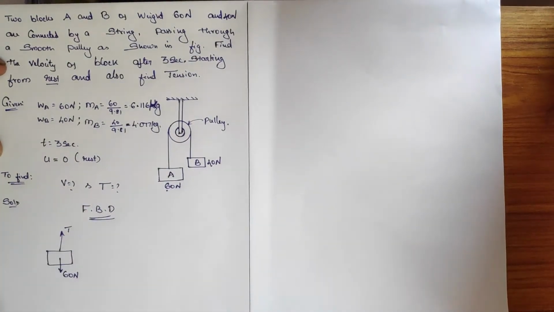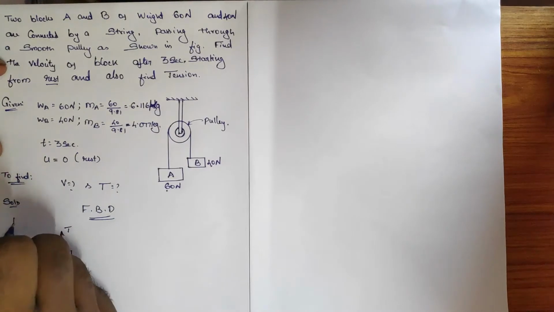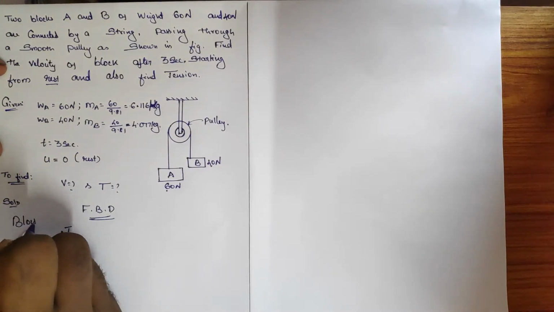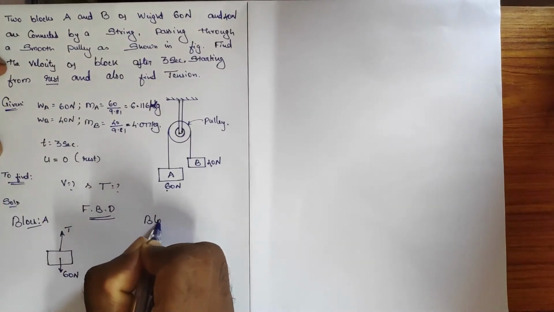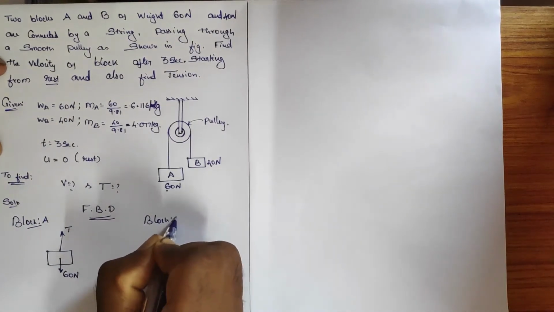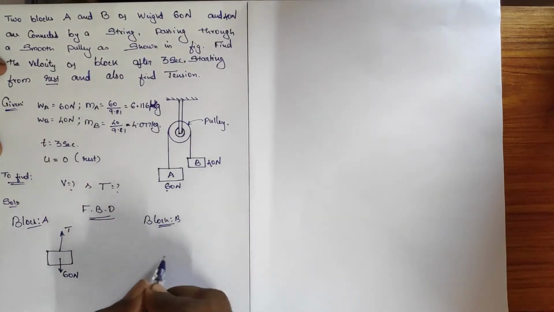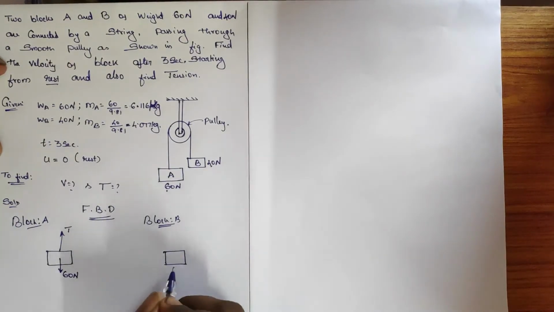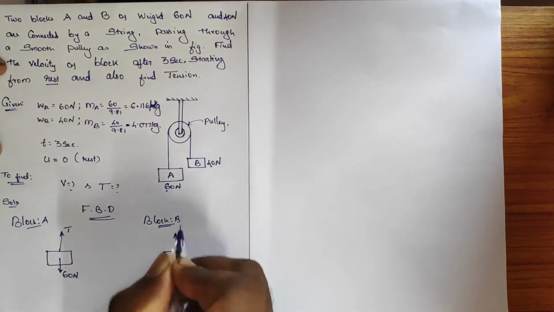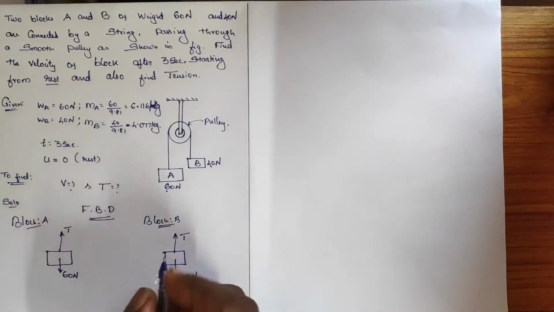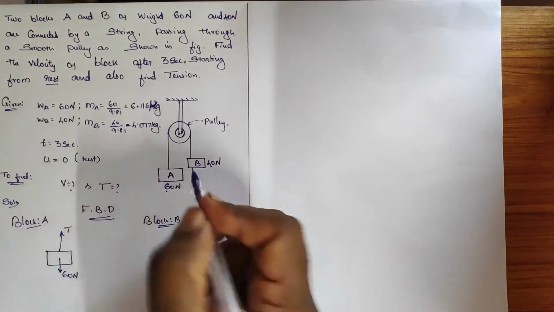It will be a similar fashion for block B. It also has its own weight, which is 40 Newton, acting downwards, and the tension force from it will be outward from the considered point.